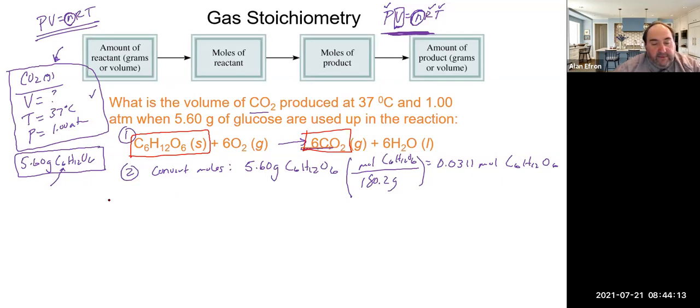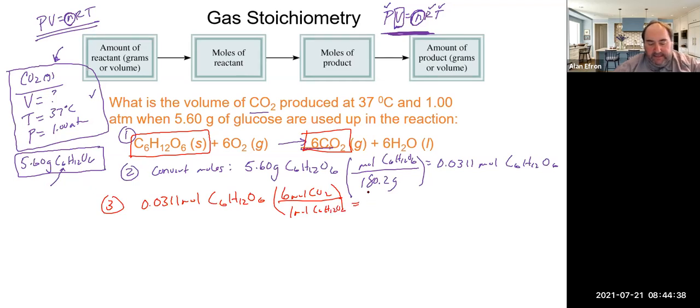So that is really the third step, like we would do in our traditional stoichiometry problem, 0.0311 moles of our glucose. From the equation, we see we have 6 moles of CO2 to 1 mole of our glucose. We multiply by that, which gets us 0.1865 moles of CO2. Now we have the moles of CO2 that we need.